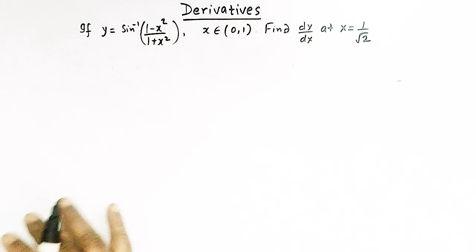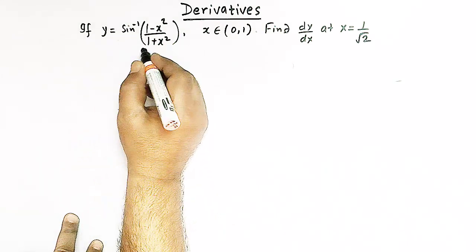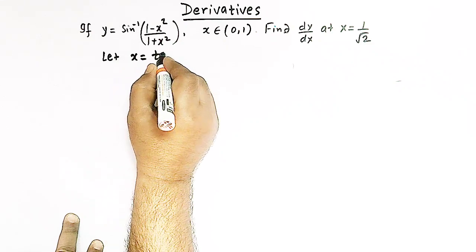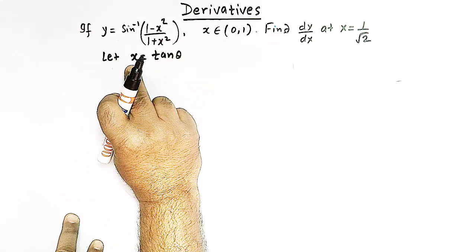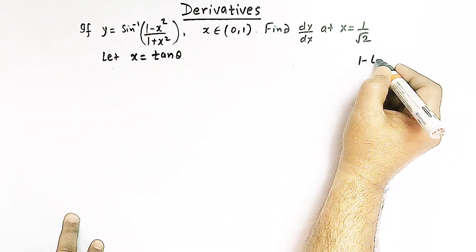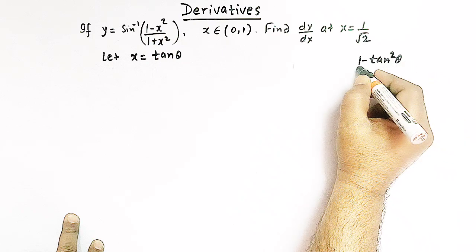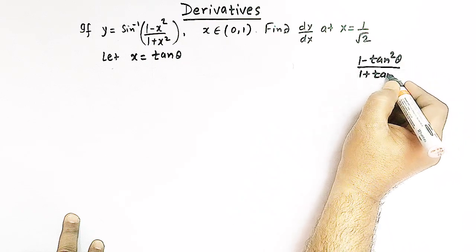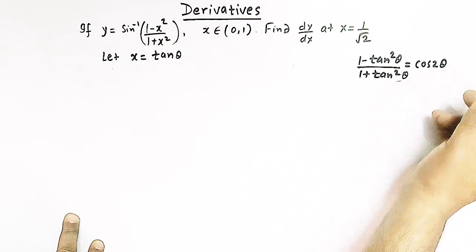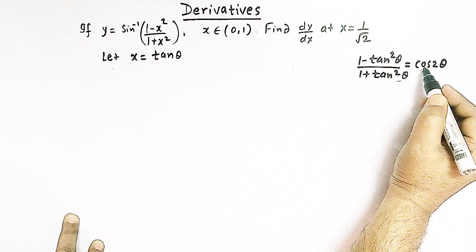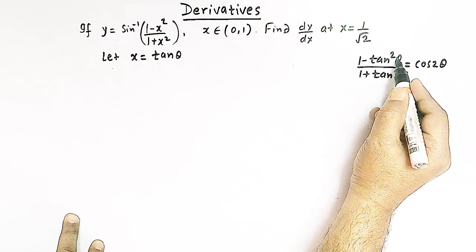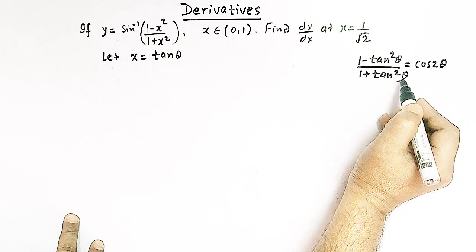The first step is to make the substitution x equal to tan theta, because we know that (1 minus tan square theta) divided by (1 plus tan square theta) is given by cosine 2 theta. That is the double angle formula for cosine.